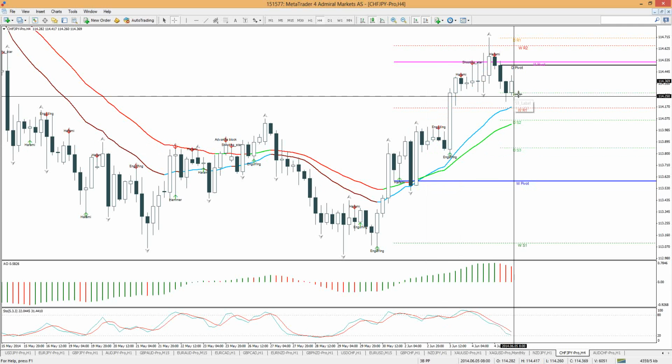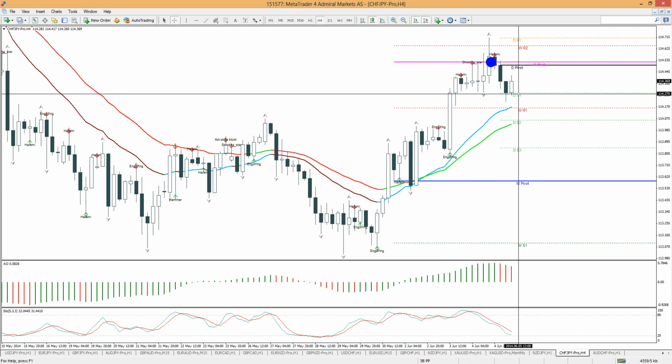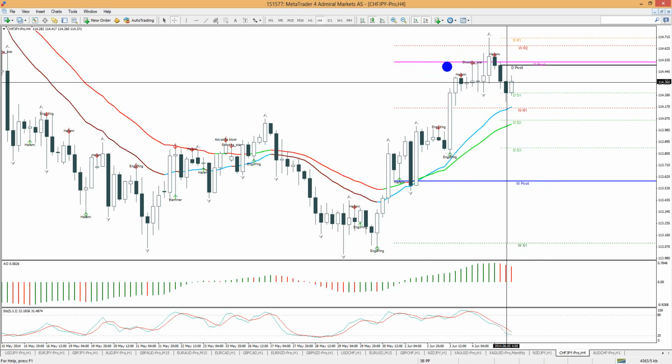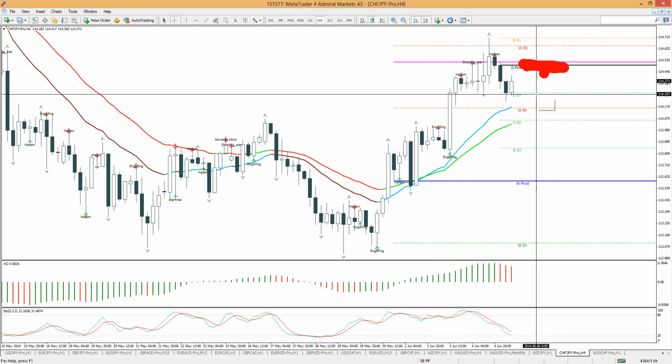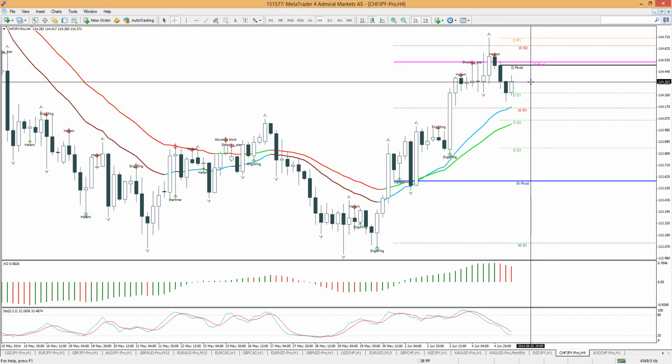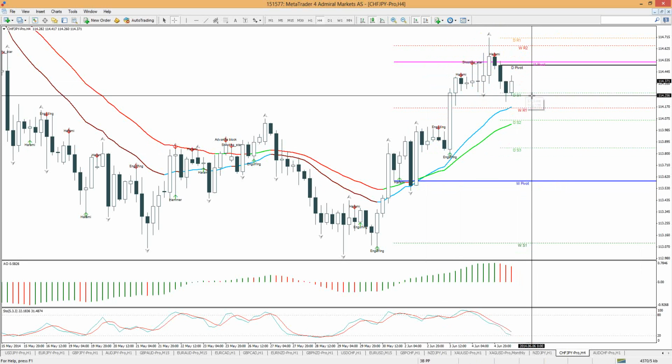If we see 2 more lingering here, it's starting to look like a head and shoulders, roughly. And then this could become a resistance level for that head and shoulders, if we have the time factor of another 2, 3 candles.